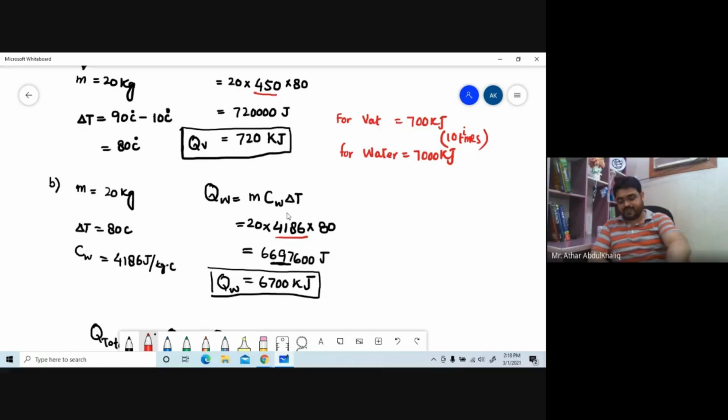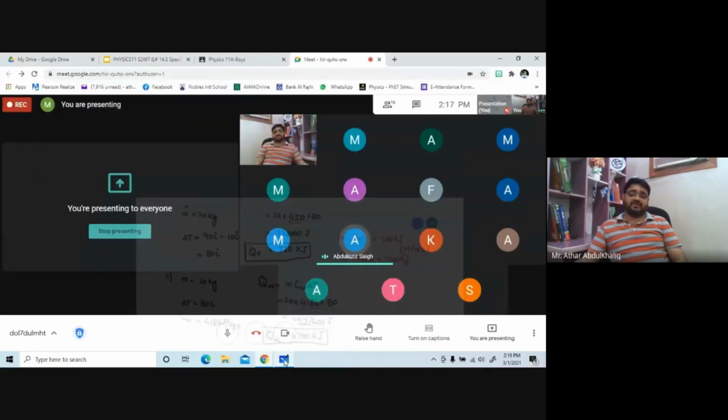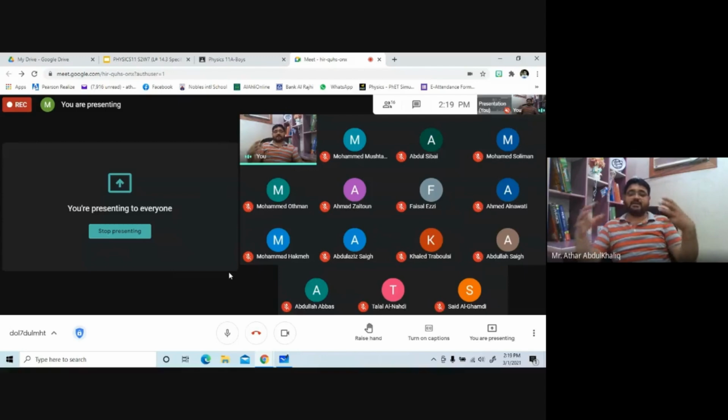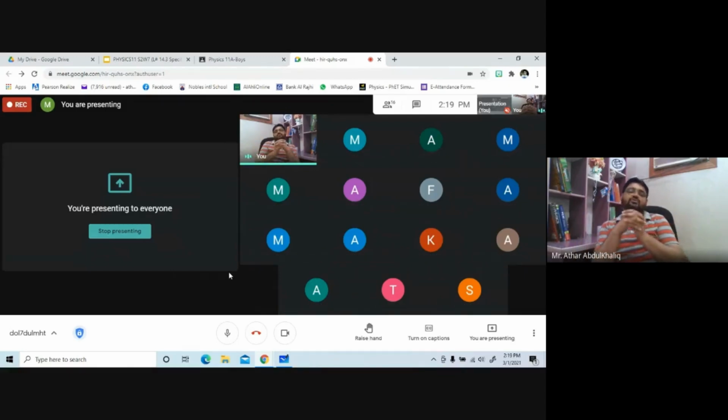For example, I want to give you an example, and at the same time I want to ask you the question: have you ever heard about the radiator of the car engine? The radiator of the car engine is actually the cooling system of the car. Whenever your car engine is working, what is actually happening? Your engine is working and it becomes hot, and we need to cool it down.